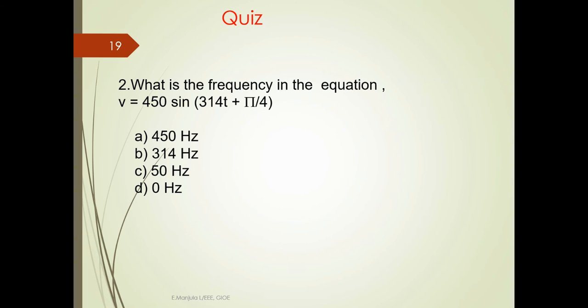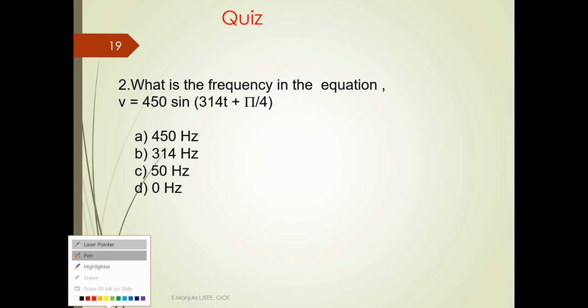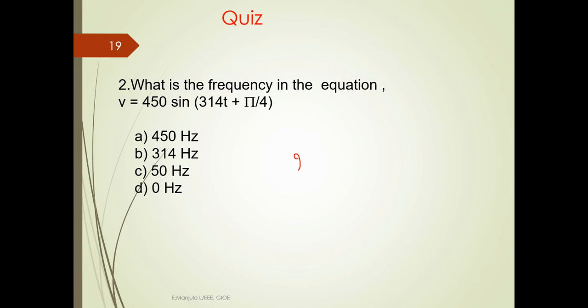So 2 pi f is equal to 314, so f is equal to 314 divided by 2 pi.